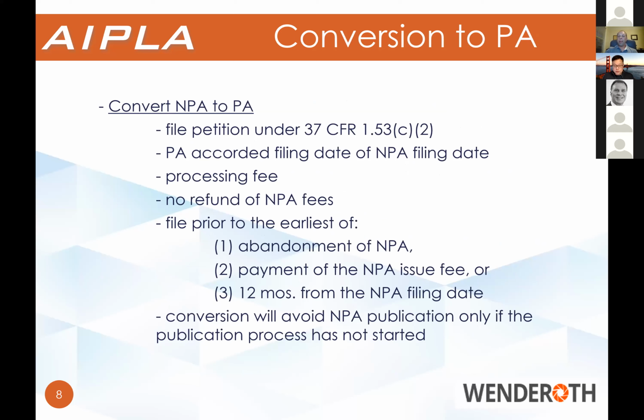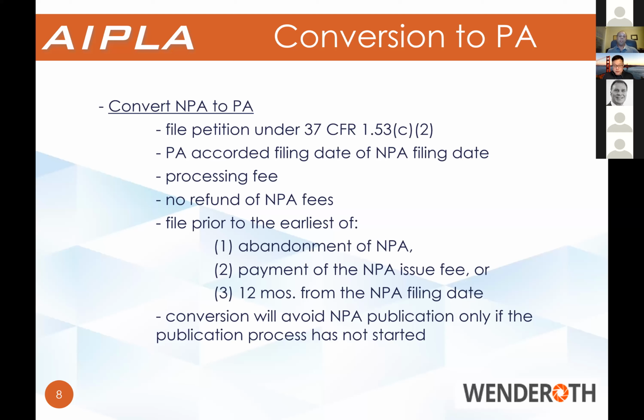Now, we also have the situation where you convert from a non-provisional application to a provisional application. Now, this could be the case when, as I mentioned earlier, a provisional application is not published.